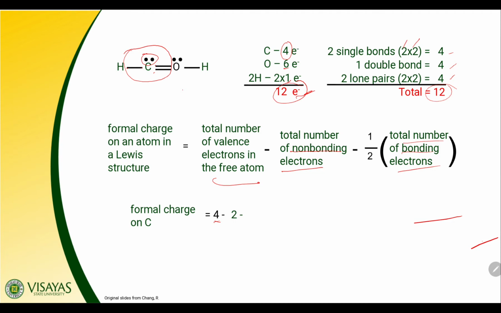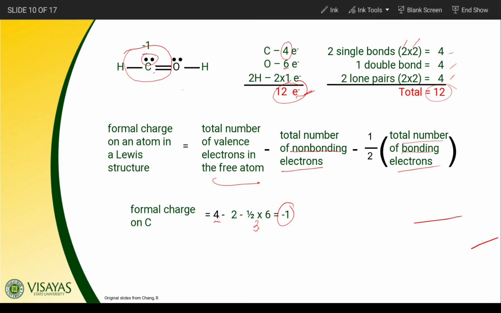So this is 1/2 of 6. So 4 minus 2 is 2, and 1/2 of 6 is 3. So 4 minus 2 minus 3 is equal to -1. Therefore, the formal charge on carbon in this structure is -1.